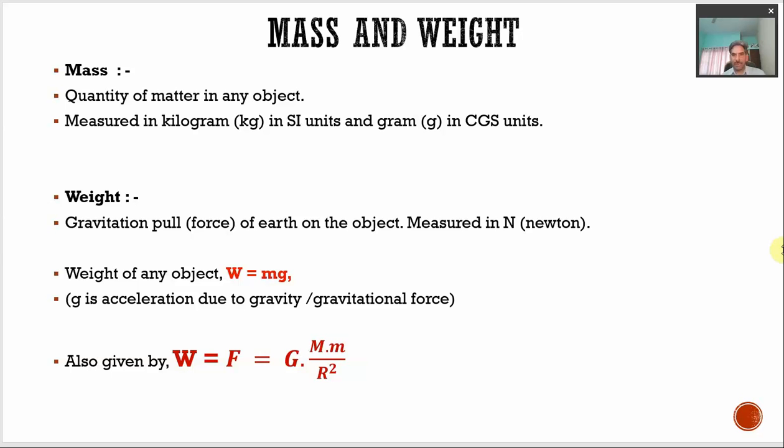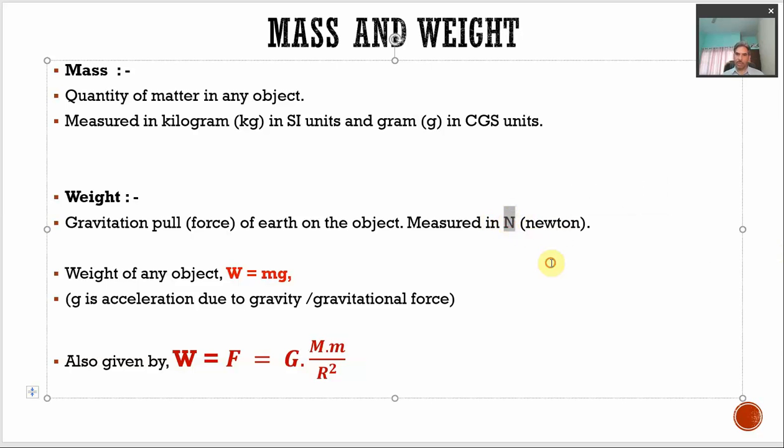And because it is a force, it is measured in Newton, which is written as capital N. So this is the difference between mass and weight. Mass is the quantity of matter, whereas weight is the gravitational force of the earth on the object.